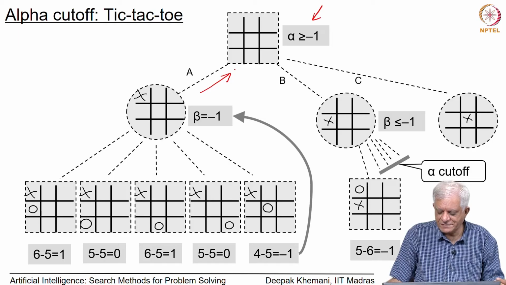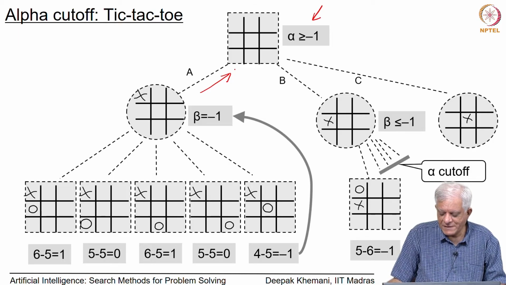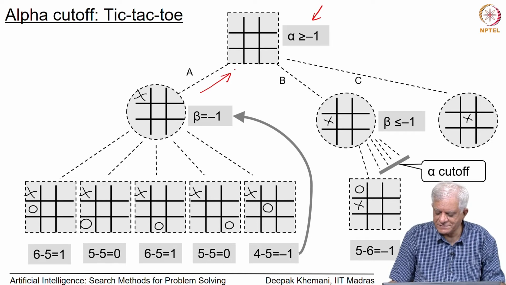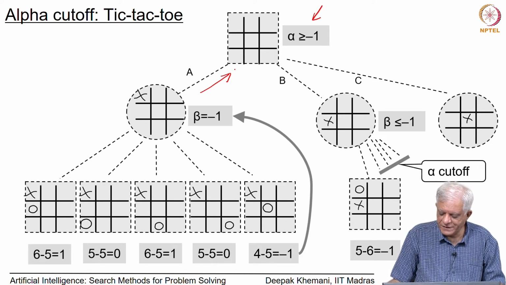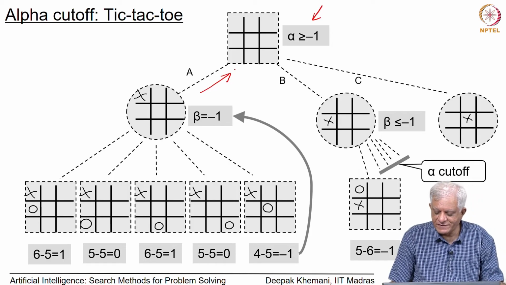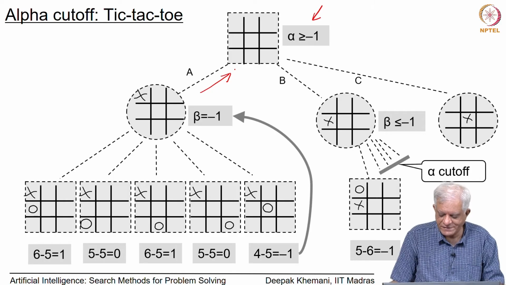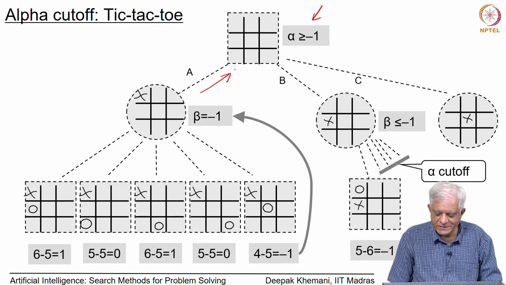Now, in this case, you can see that even in the version in which we have kind of removed symmetries, for the beta node, 4 children were cut off, because each node has 5 successors, just like the first beta node had 5 successors, the second beta node also has 5 successors, and 4 of them have been cut off.